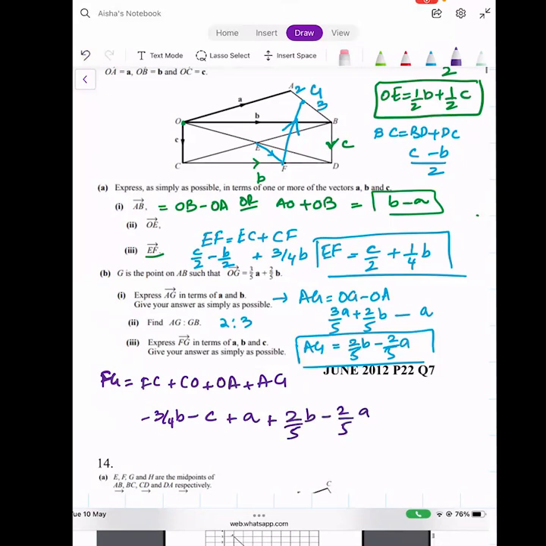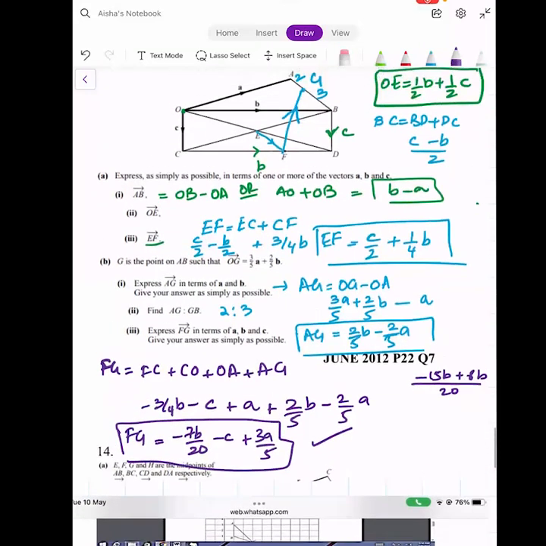So this is going to be 20 minus 15B plus 8B, minus 7B upon 20, minus C plus 3A upon 5 will become FG.